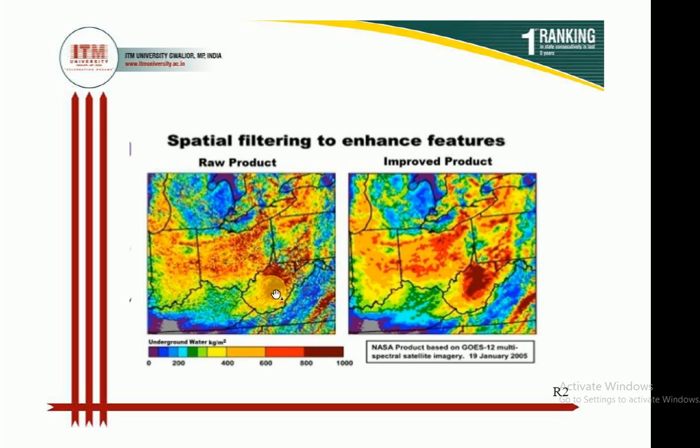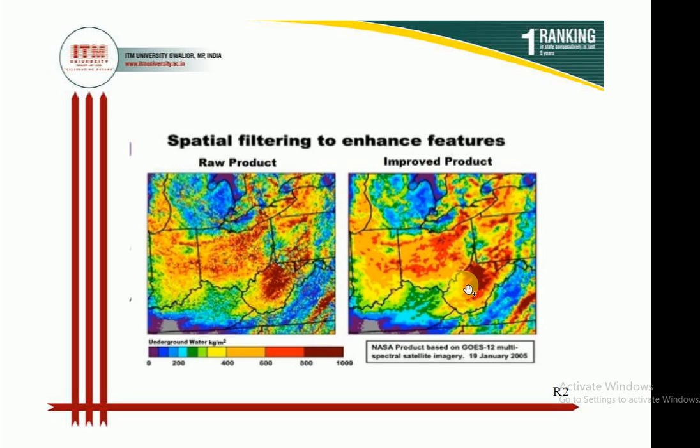I will give an example. Here you can see that the area is blurred. It is not crystal clear up to which mark the groundwater level is maximum. So in this particular area the frequency is enhanced, and here you can see it crystal clear. Up to this certain area there is the maximum amount of groundwater present.